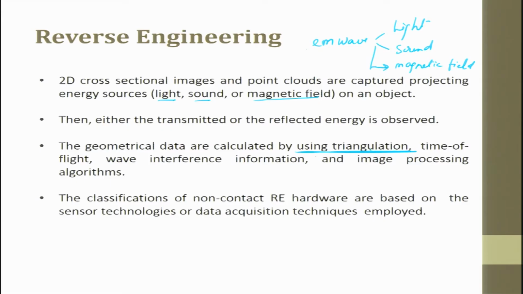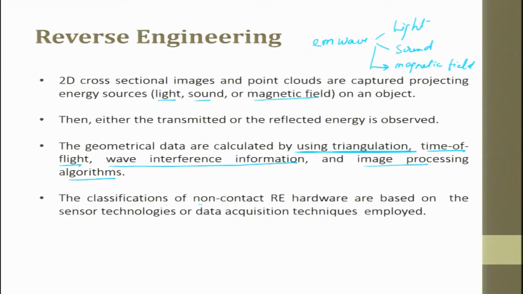This is a very important technique which is used: the triangulation technique. Okay. Triangulation technique, time of flight, wave interference information or image processing algorithms are used, wherein you can try to see the sudden gray change, contrast change and sharp edges, all those things you can use. These are geometric data which are used for calculating the information.